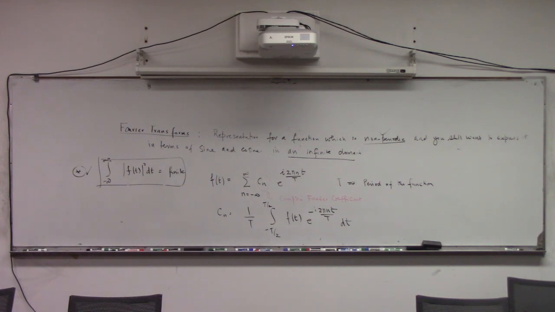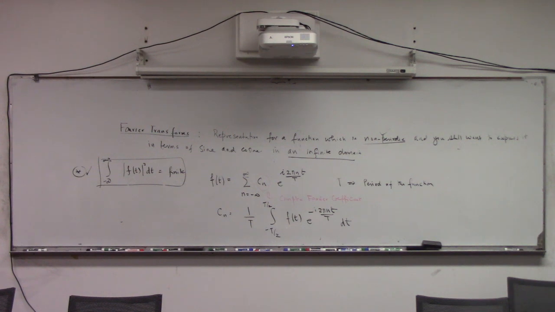I'm just leading you to the definition of Fourier transform. The function is not periodic. What is it that is representing periodicity in this definition of complex Fourier series?